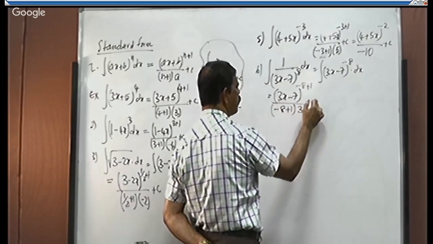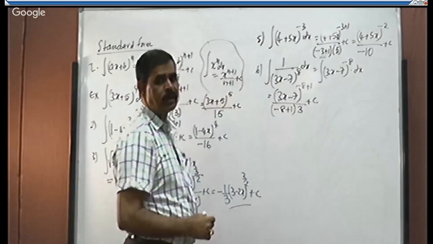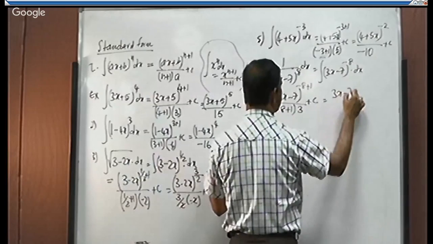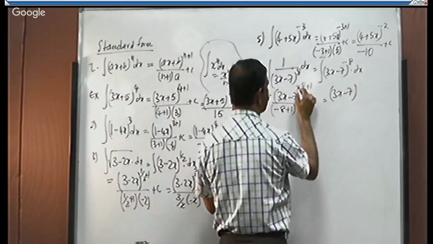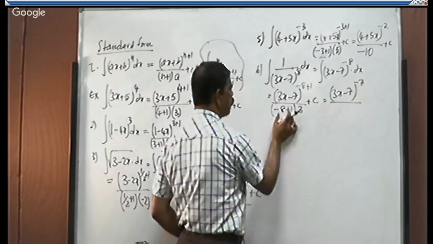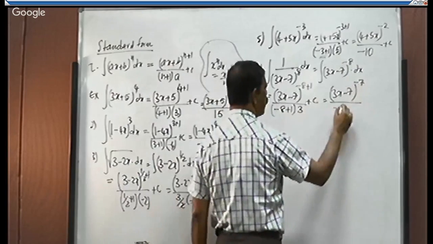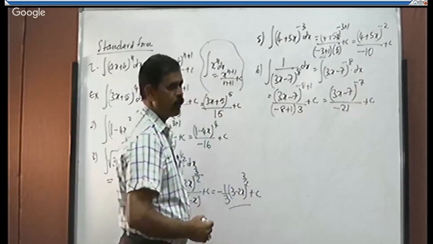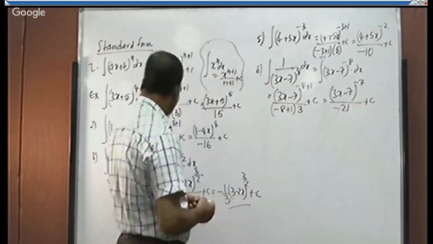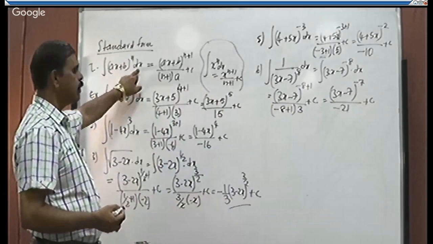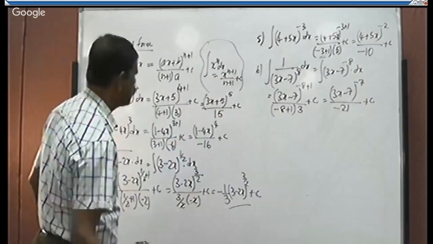The x coefficient is 3. That is equal to (3x minus 7) to the power of minus 8 plus 1, that is minus 7, all divided by minus 7 into 3, minus 21, plus c. So these are all examples for the standard form (ax + b) to the power of n dx.